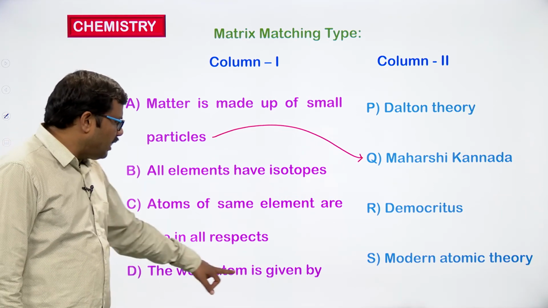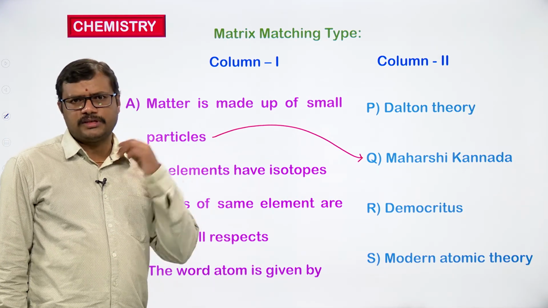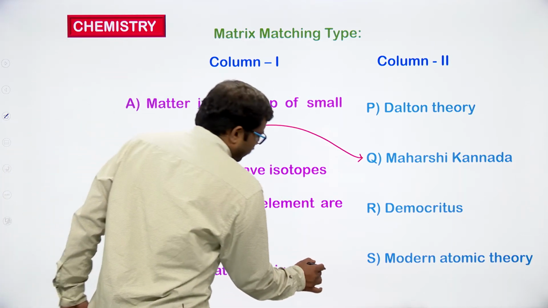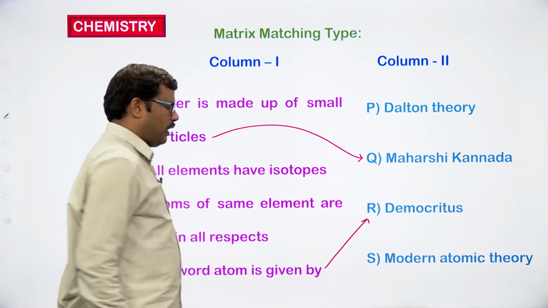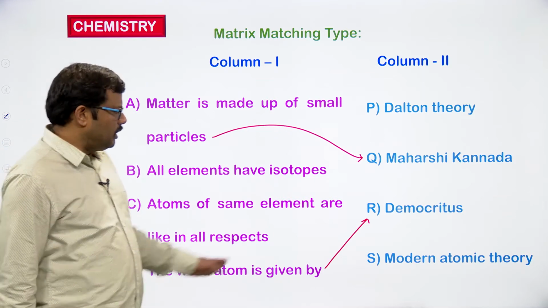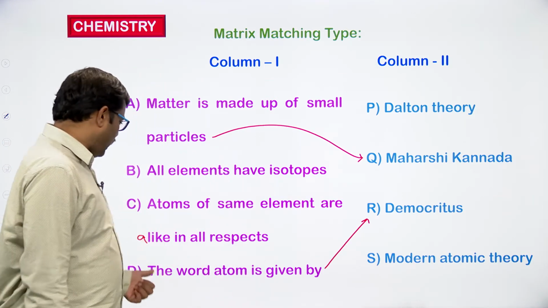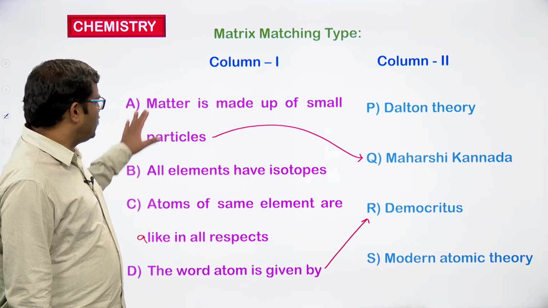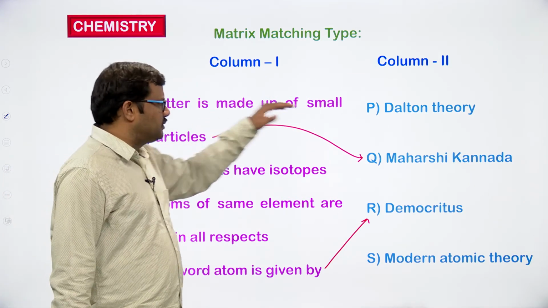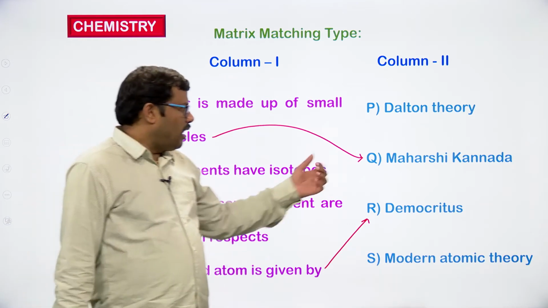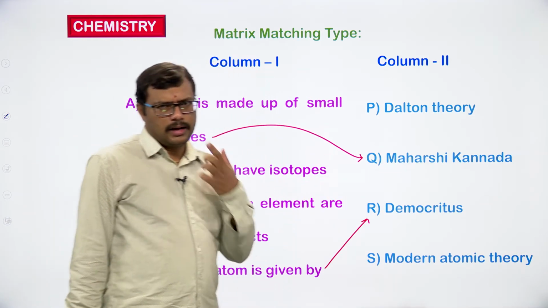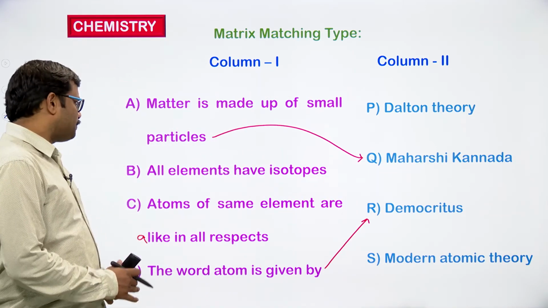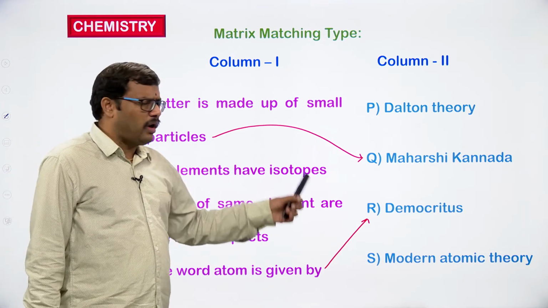And the word atom, for the first time, was given by the Greek philosopher Democritus. So we can correlate D to R. The word atom is given by Democritus, whereas the concept that matter is made up of small particles, Anu and Paramanu, is given by Maharshi Kannada.